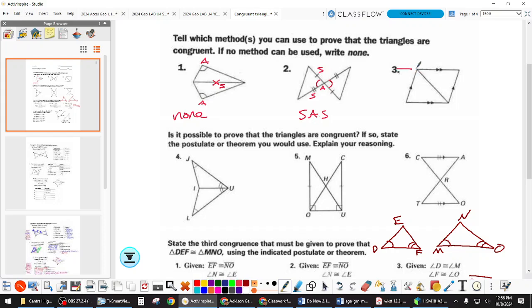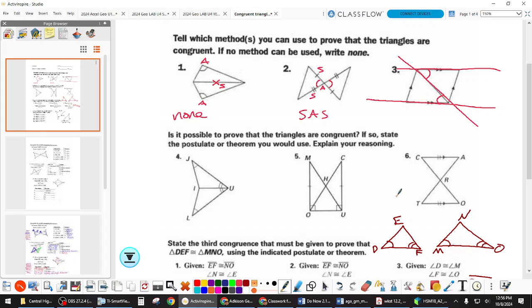I like this one because it reviews parallel lines. So let's talk about that first. Actually, I don't want to highlight that one. Highlight this one. And you see how we have on this, that, and that are what kind of angles? Alternate interior. Okay?